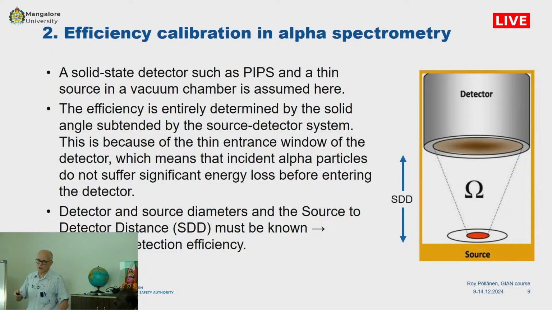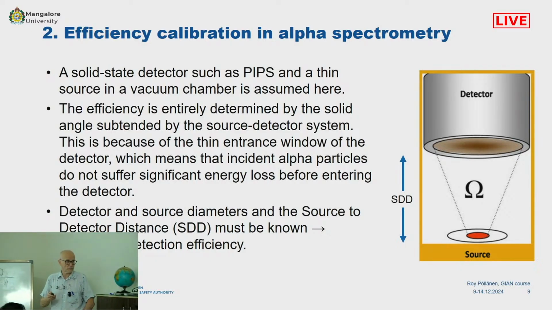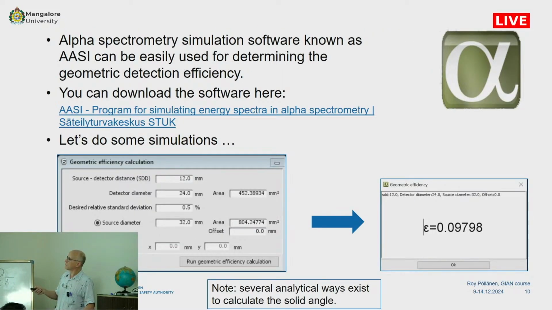It's easy to calculate, basically. Mathematically it's not necessarily very easy, but by using our computer software, it's really easy. So you will get this material, of course, and you can download it from this link. Or use Google, and using the words STUK and ASI, you can find it very easily.